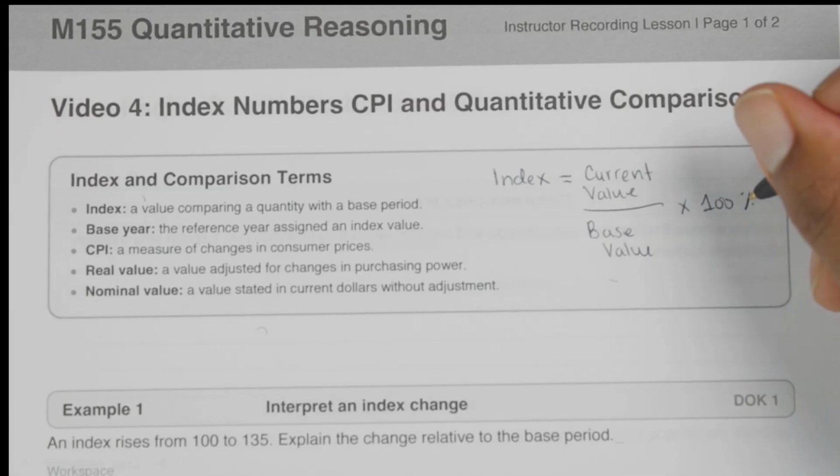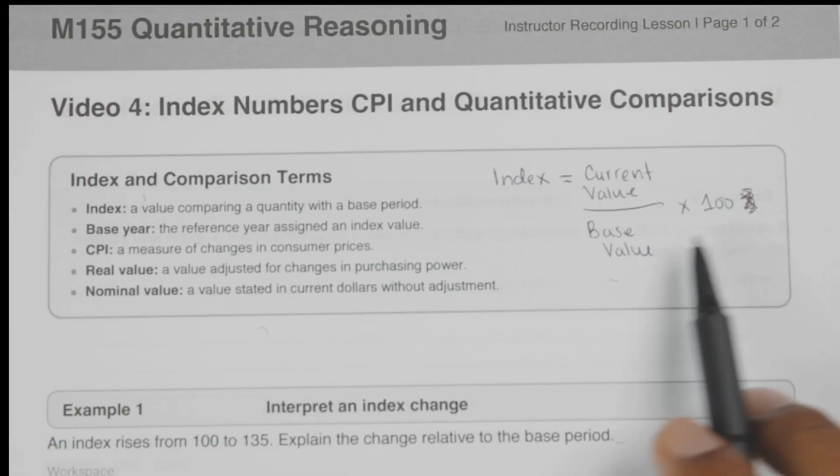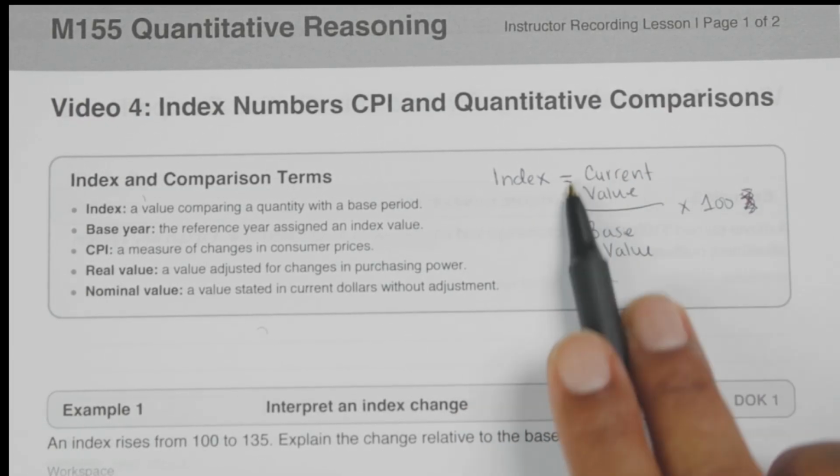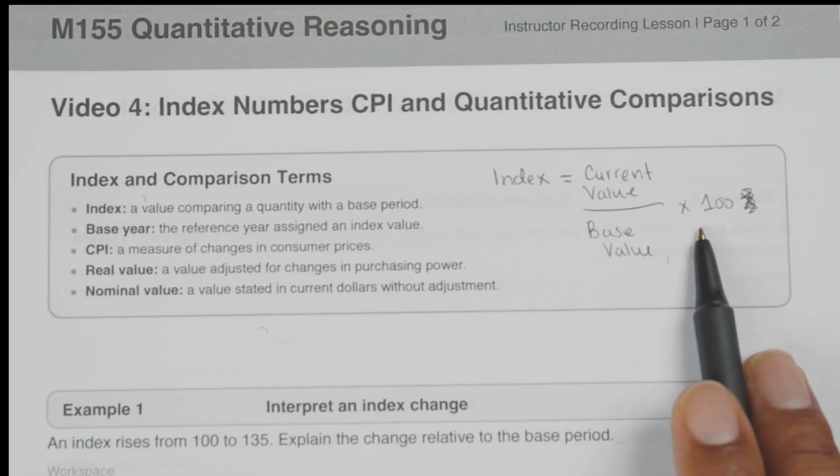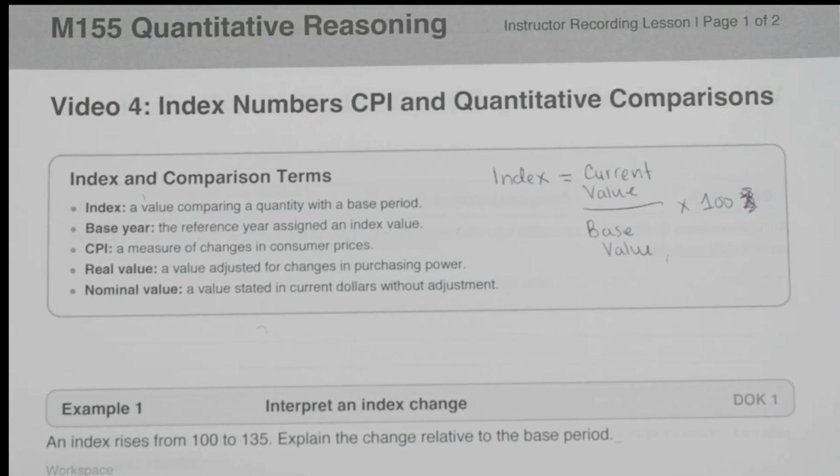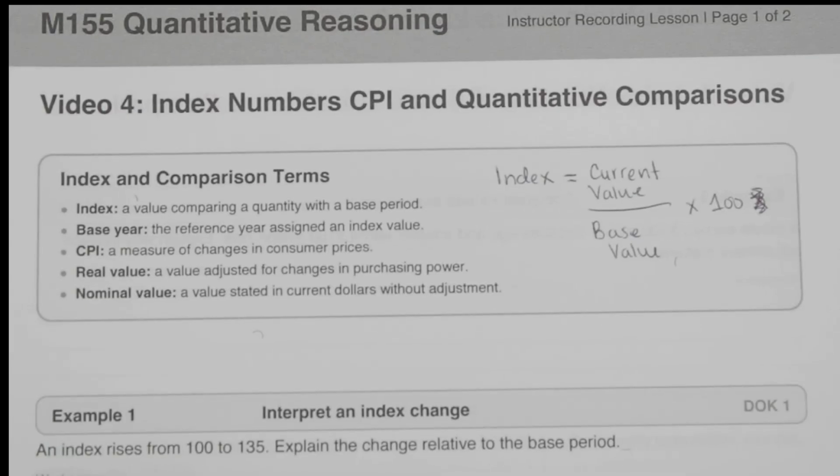Or, excuse me, we could just simply say 100. So index equals current value divided by the base value times 100. That's the idea.